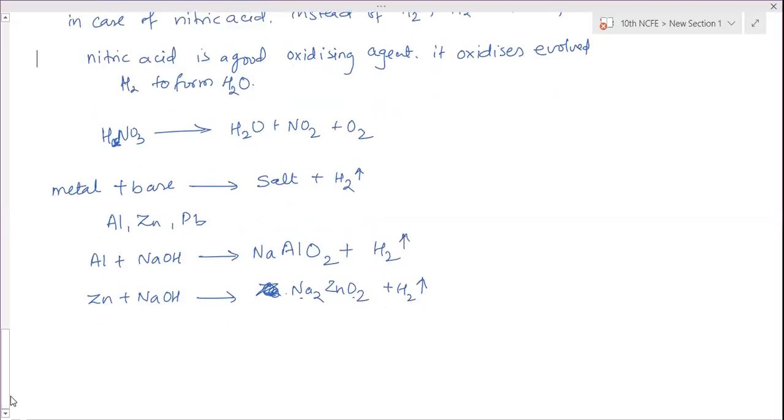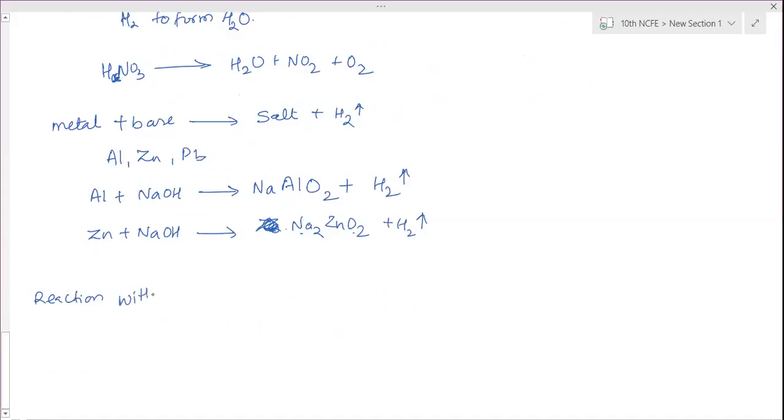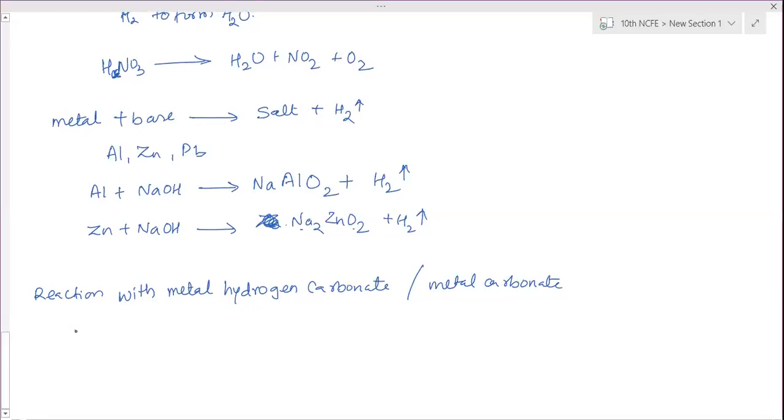The next is reaction with metal carbonate or metal hydrogen carbonate. In this case, acid reacts with metal carbonate or hydrogen carbonates.